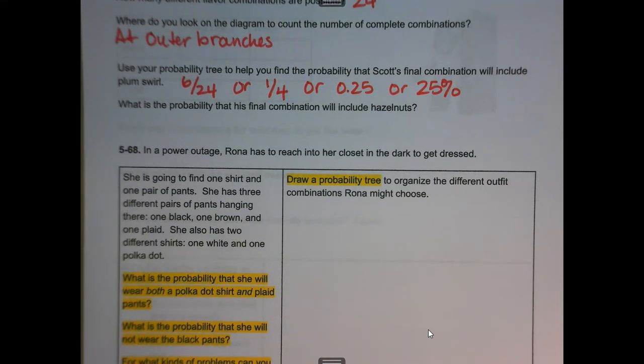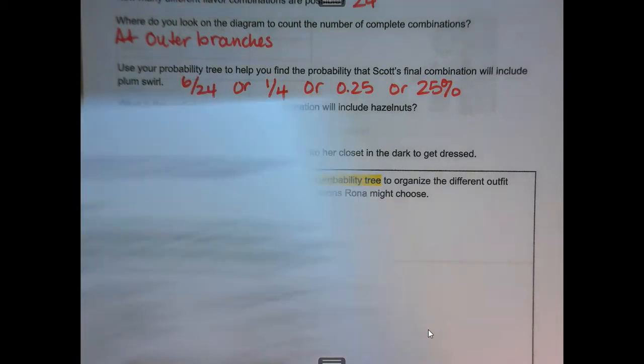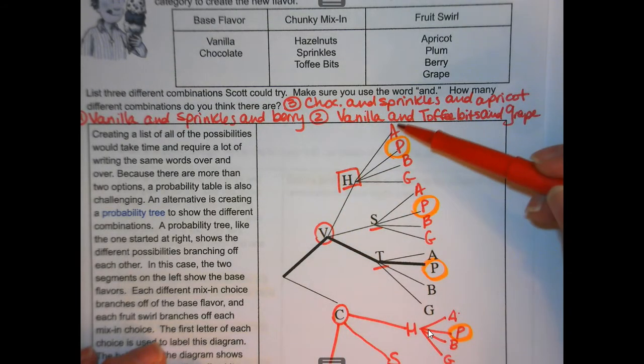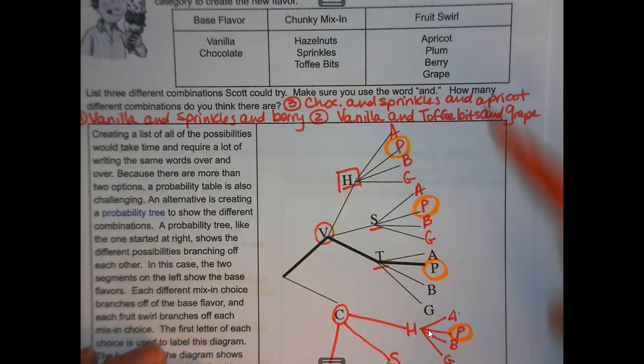What is the probability that his final combination will include hazelnuts? Okay, hazelnuts is going to be a little bit more complicated because we have to look at this one. This one has hazelnuts, and there's 1, 2, 3, 4. This set has hazelnuts, and that's 5, 6, 7, 8.